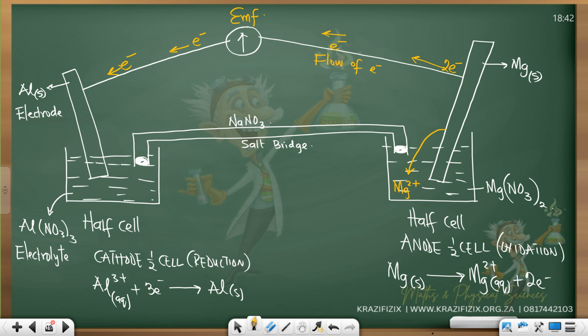So electrons are flowing from the anode. Wait, so what do you have here? Loss of electrons. You take a picture of this, don't worry. What are we going to get here? The gain of electrons. What's happening?